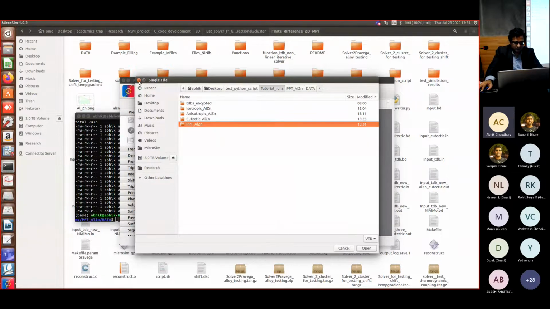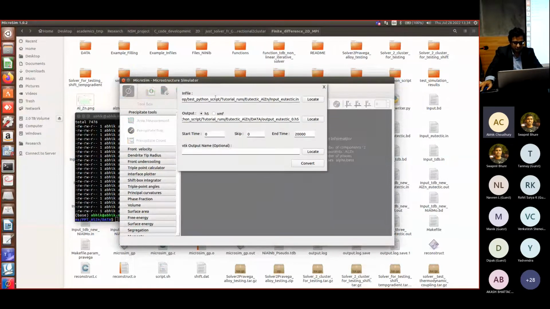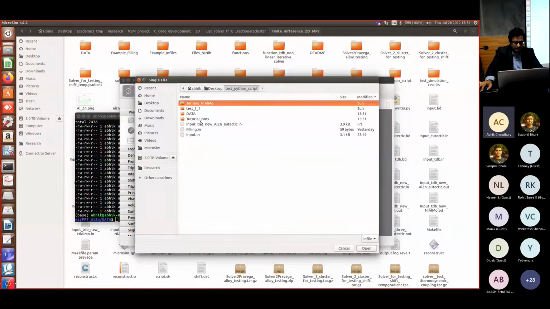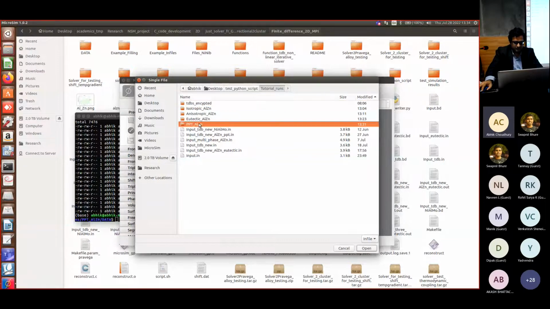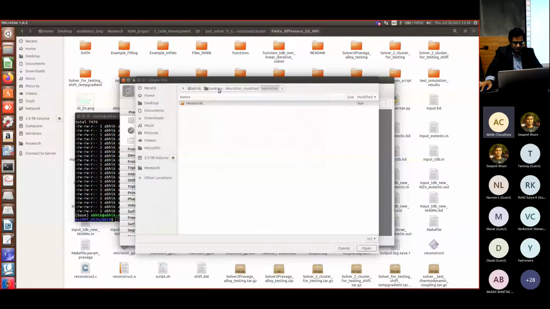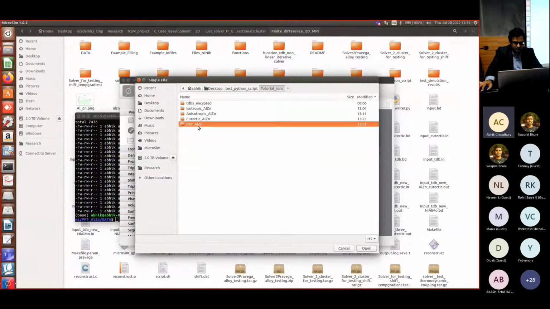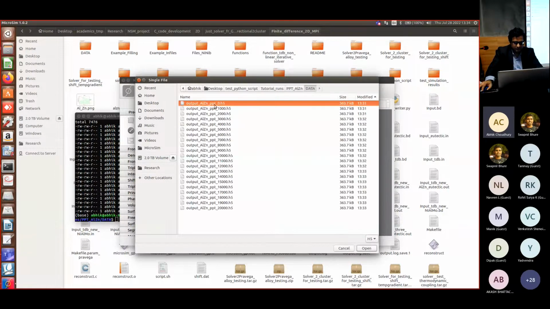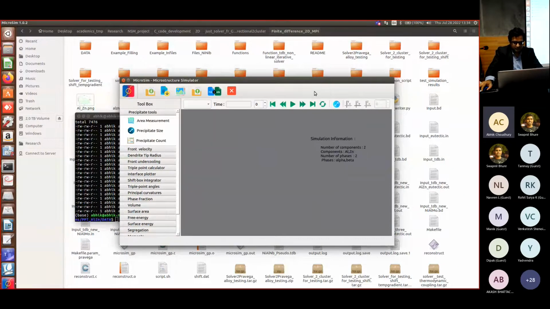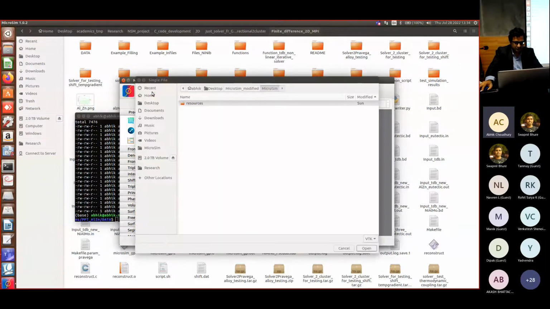This has to be first converted to VTK. Sorry, I lost my own thing. Locate data. So choose the H5, open, and these things remain the same. So convert. This gets converted.